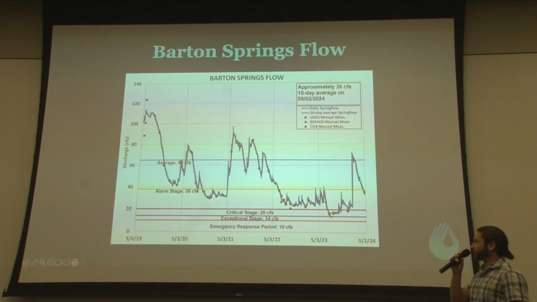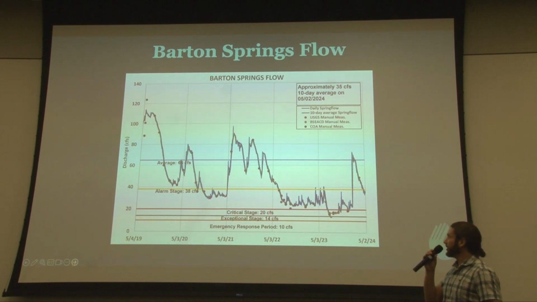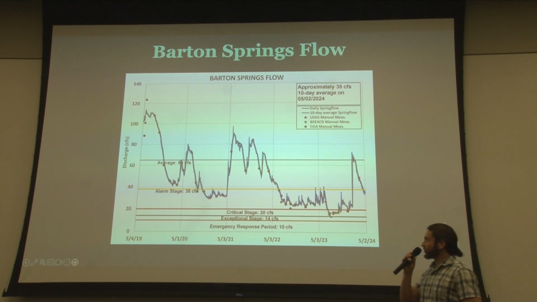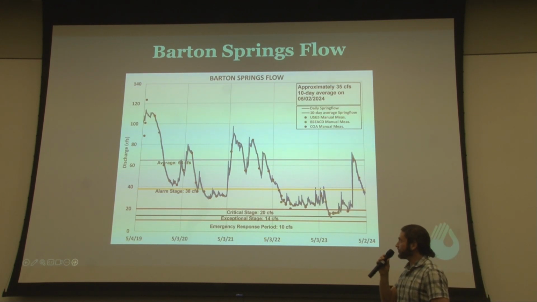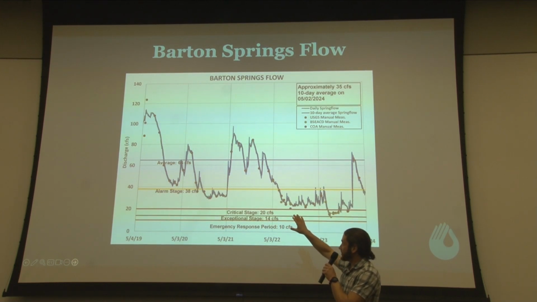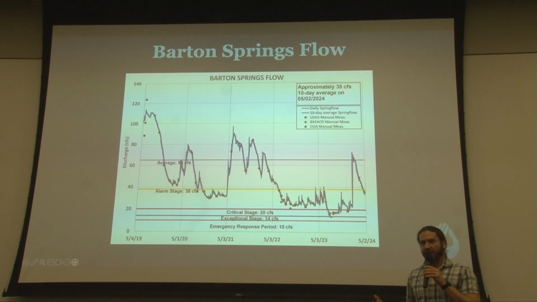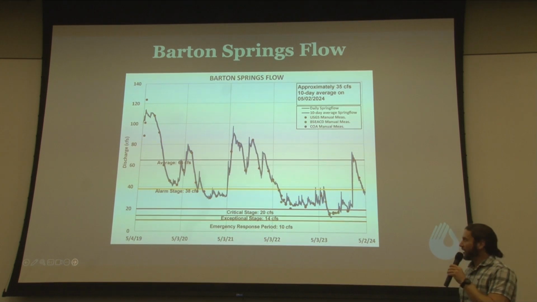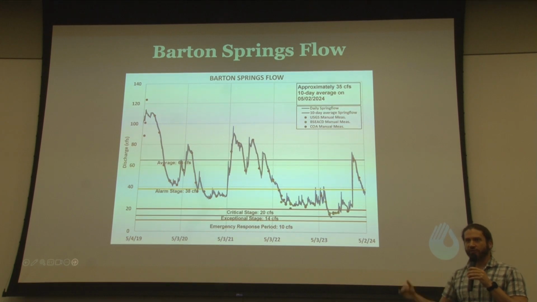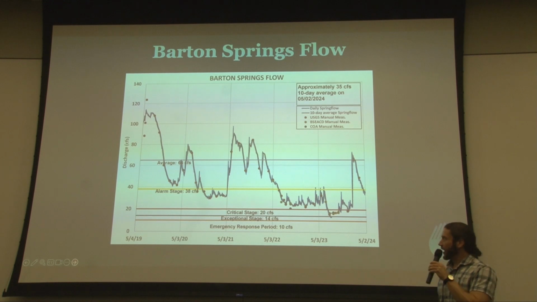Moving on to Barton Springs flow, which is our other drought stage trigger. It's a similar trend to what you're seeing with Lovelady. So you've got our mean historic average flow of 66 cubic feet per second. In general, Barton Springs tends to be a little bit more flashy and responsive than our Lovelady trigger, which is why we like the Lovelady trigger, because it's more representative of longer term trends in the aquifer, and it's more muted and gradual.